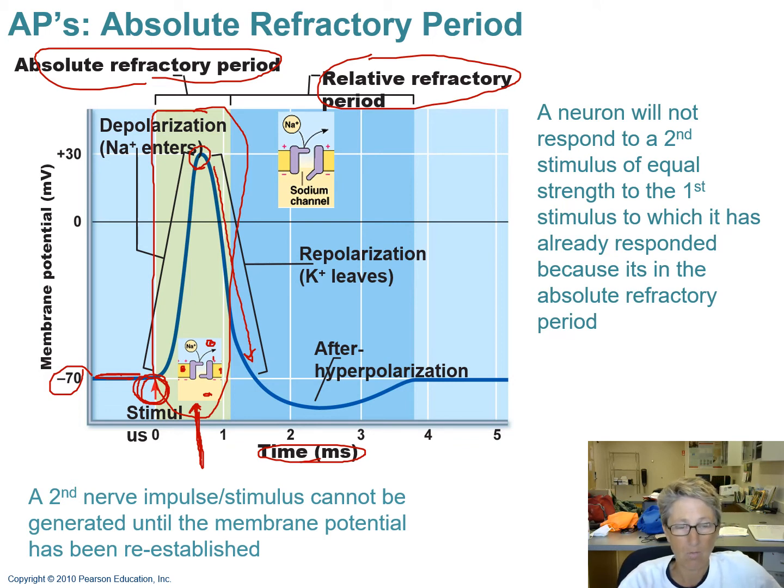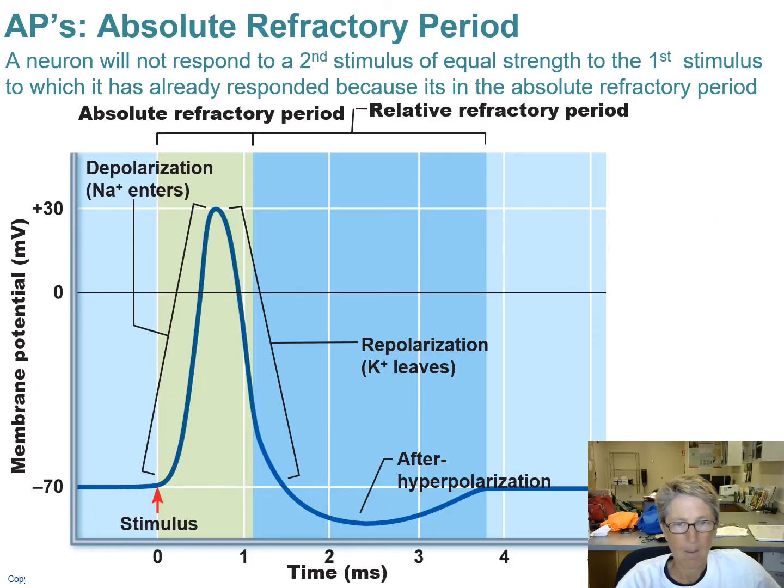However, if you give that neuron a strong stimulus here in the relative refractory period, you could fire another action potential. But basically, to get a second action potential, you have to have your membrane potential back to or near resting membrane potential before you can fire another action potential. Okay, so we talked about that.